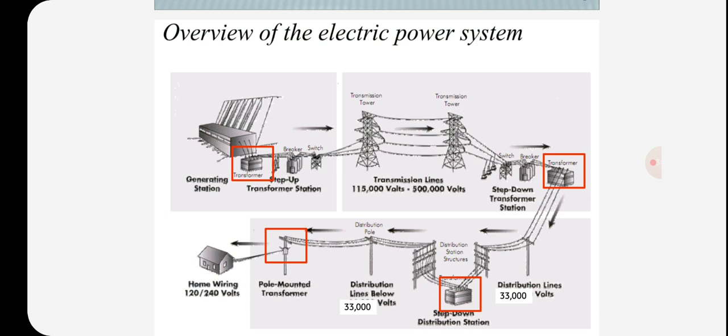In the substation the voltage will be almost 33,000 volts. This stepped down voltage is again stepped down in distribution lines, at pole mounted transformers, up to 240 volts. That is our home wiring voltage.